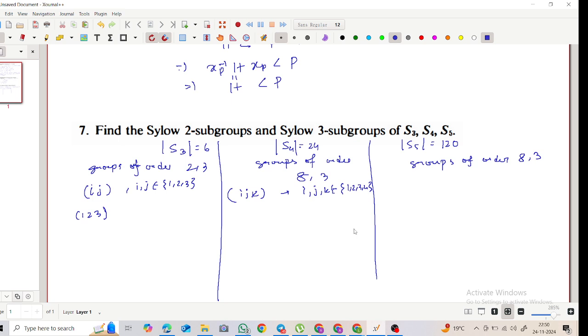I mean these disjoint 2 cycles will be there, (1 2 3 4) will be there. So I hope you can complete this solution because this is just computation, okay?